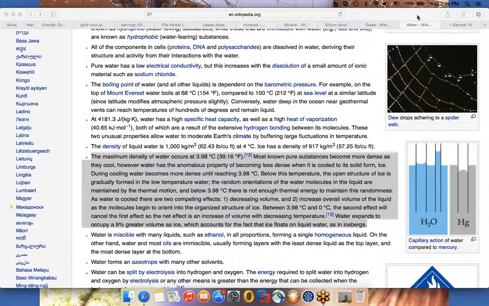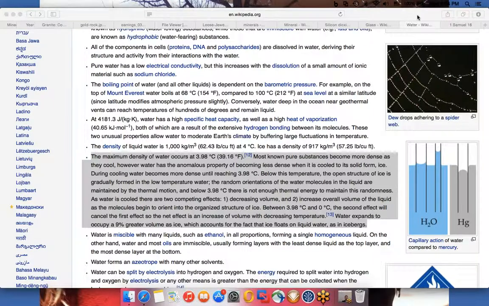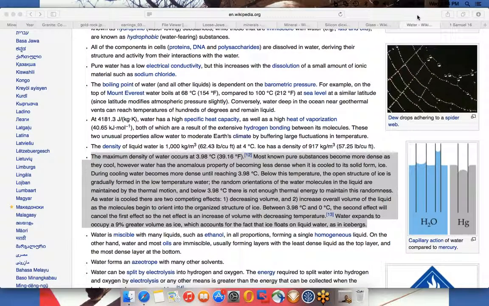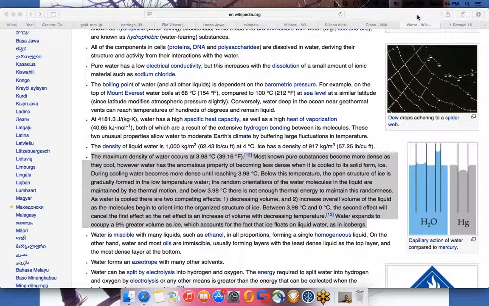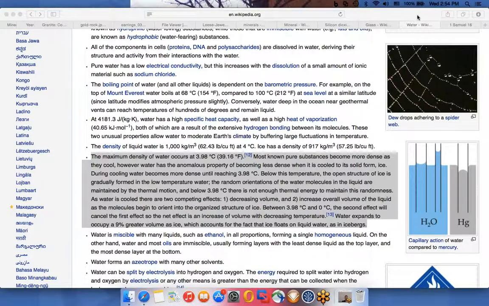Madeline says the ice is less dense. The question that I have for you, Madeline, is yes, that is the case, but why? Why is ice less dense? Because almost everything else, when you cool it down, the atoms are closer together, and so it's more dense.